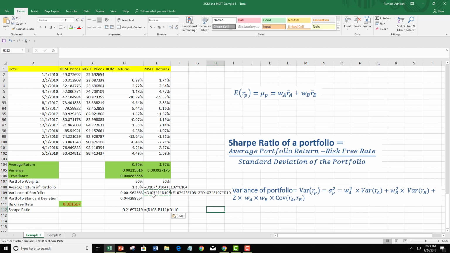See here, for example, the average return of the portfolio is 1.13%, whereas the average returns of the individual stocks are 0.59% and 1.67%. So the portfolio mean is somewhere in between the individual stock returns. Similarly, you can calculate the individual stocks' standard deviation and see where the portfolio standard deviation lies. All right, thank you.